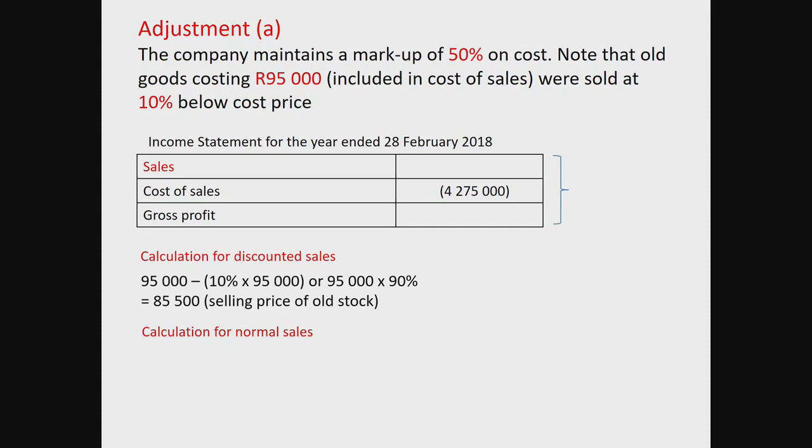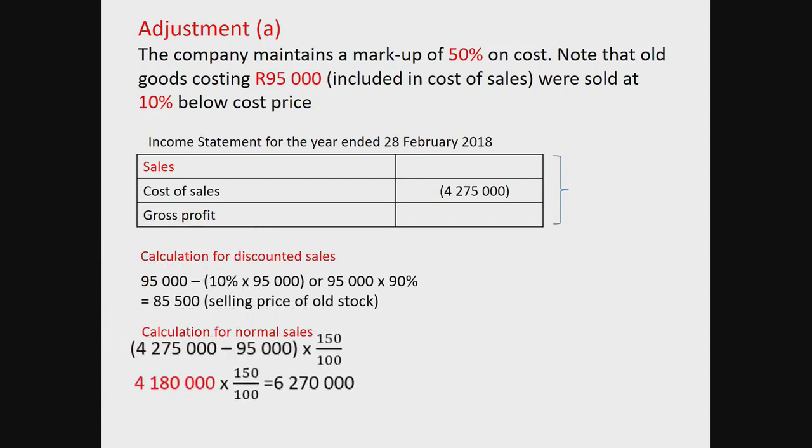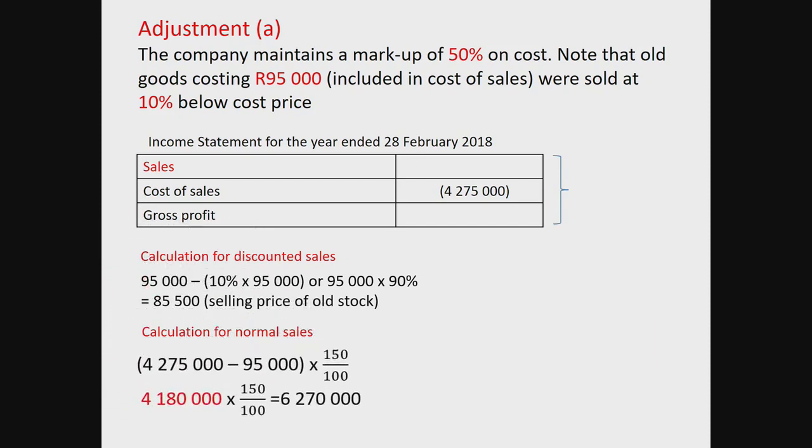So now I still have my normal sales. In other words, that 95,000 now has to be taken out of that cost of sales, because the 95,000 was included in it. So for my normal sales, the cost of sales will be 95,000 less. What I've got to do there is take the 4,275,000 minus the 95,000 and then multiply it with 150 over 100.